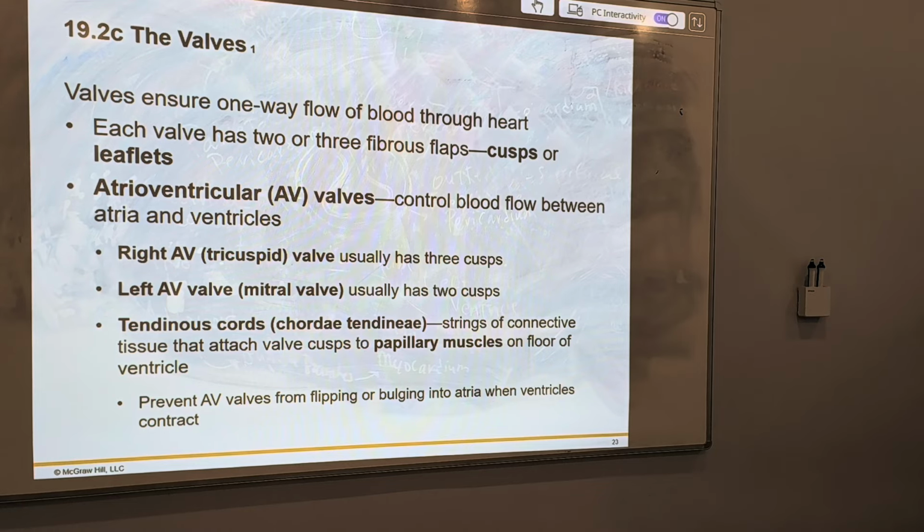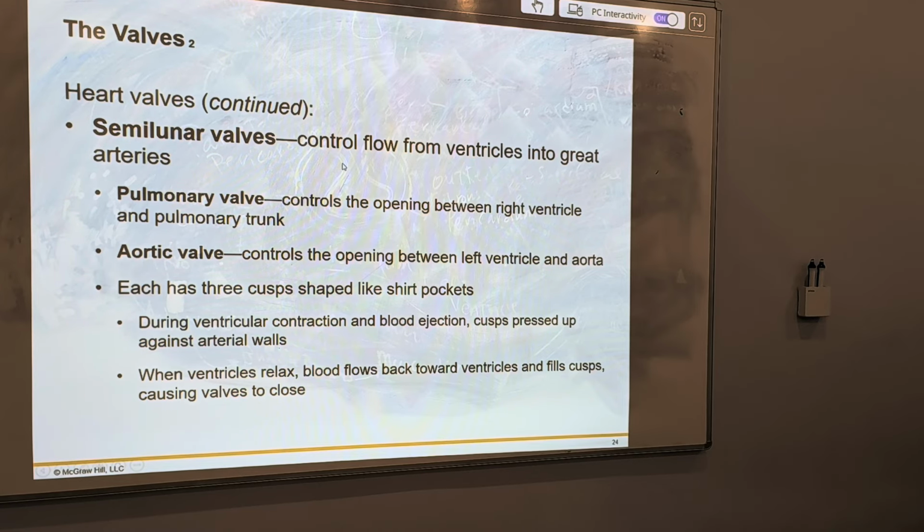Which one is that? That's the left atrioventricular valve. Look at the tendinous cords, the chordae tendineae. They are strings of connective tissue that attach the valve cusps to the papillary muscles on the floor of the ventricle. They prevent the atrioventricular valve from flipping or bulging into the atria when the ventricles contract.